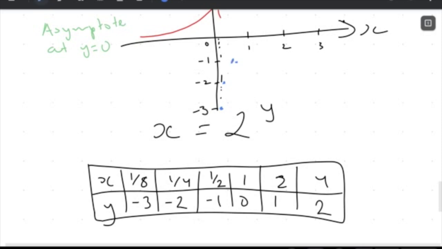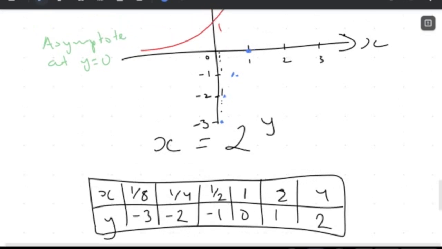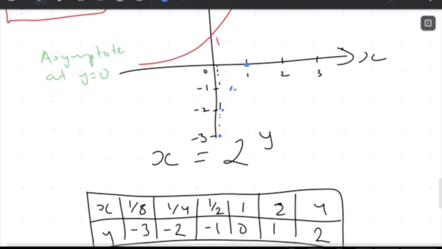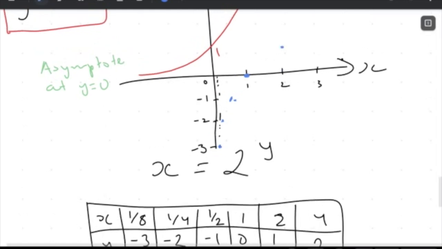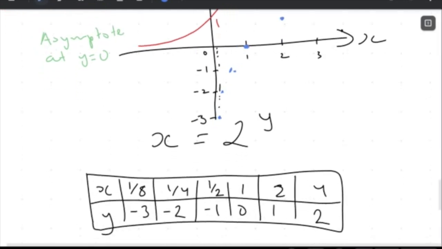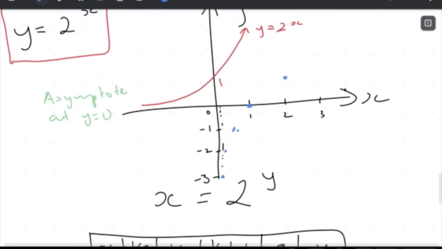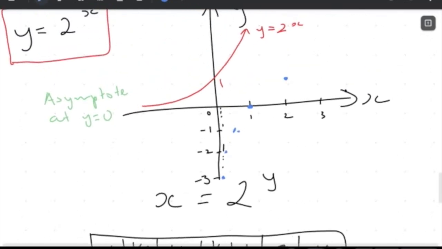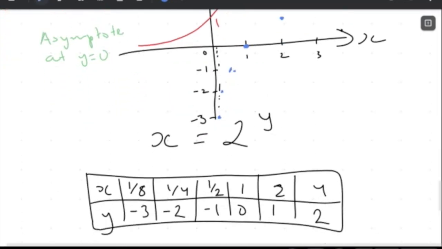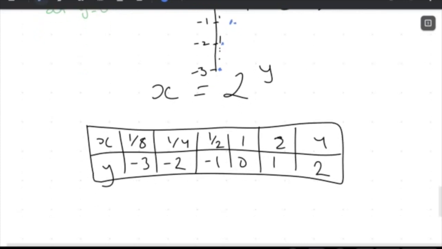Alright, when y equals 0, x equals 1. When y equals 1, x equals 2. That's about here. And when y equals 2, x equals 4. So that's about there.